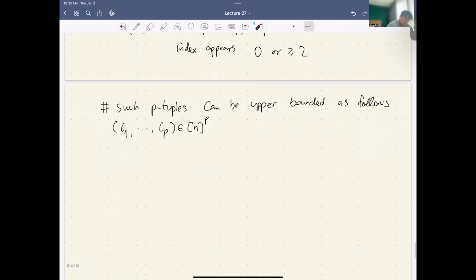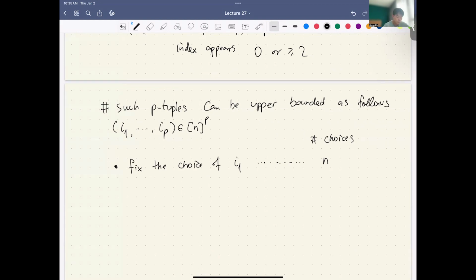First, let's fix the choice of I1. The number of ways to do this is n choices. For this step it is n, right?